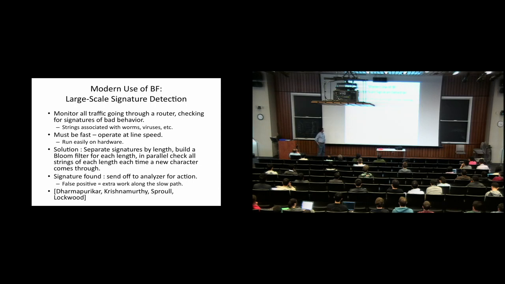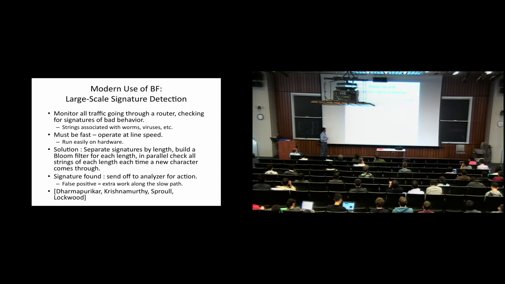A more recent place where Bloom filters have been used is for signature detection. So this is like a security type setting. You're looking for bad substrings associated with worms or viruses and so on within a packet. And you want this to be fast and so run easily on hardware.